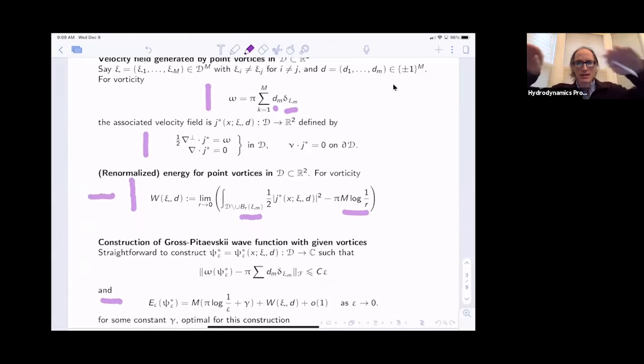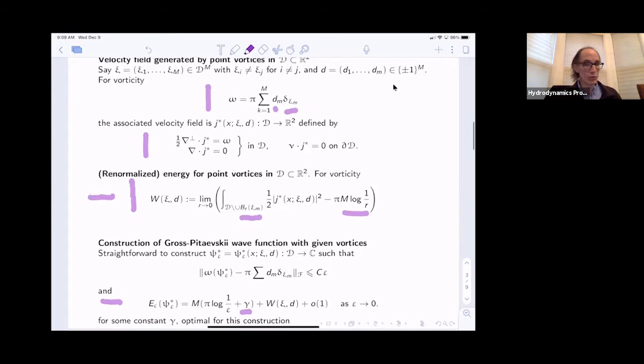There's some optimal way for the modulus to go from 1 down to 0 in a core of radius epsilon, and that has a certain energy, which gives rise to this gamma here. If you optimize this profile, you get some constant. I won't define it, but it's the optimal constant of this construction.